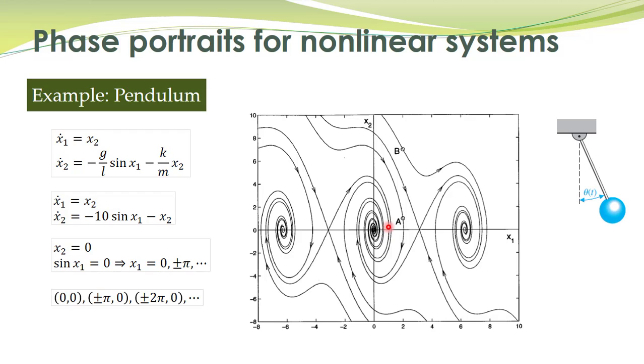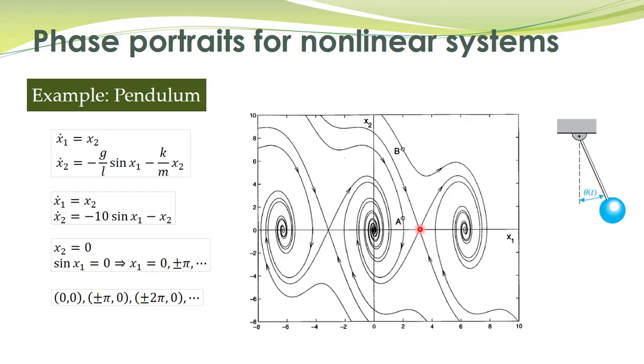What is the behavior of the system corresponding to, for example, this initial condition? What is the behavior of this equilibrium point? Saddle, right? It is a saddle. That is, corresponding to certain sets of initial conditions, the trajectories will finally reach this equilibrium point.